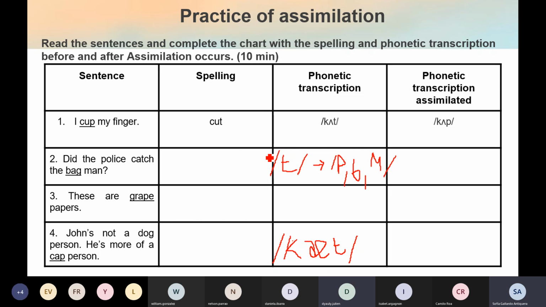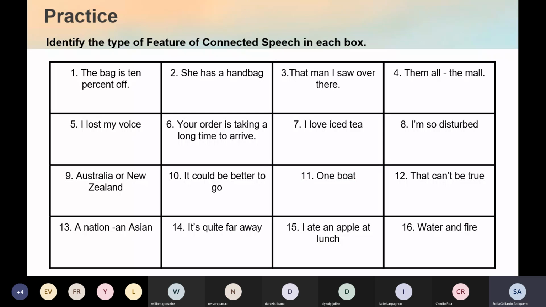Perfect. Okay, let's move into the next exercise. This is kind of a game. You will have to identify the type of feature of connected speech in each box. You might be able to find more than one feature, but there will be, without a doubt, one that is clear.